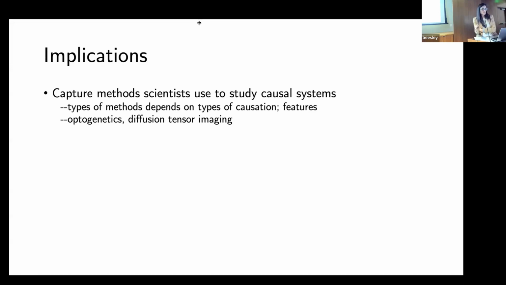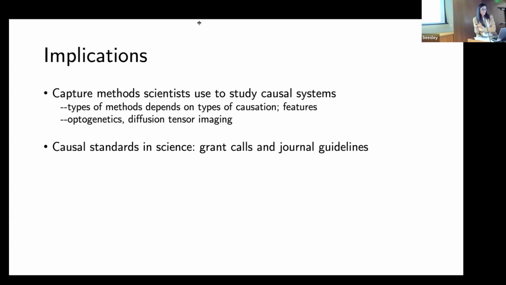This work also has implications for specifying and gaining clarity on the causal standards in science, right? As was mentioned earlier, in grant calls and journal guidelines that are present in neuroscience, there are explicit specifications that if research is going to be funded, if research is going to be published, the scientists need to both identify mechanisms and provide mechanistic insights.